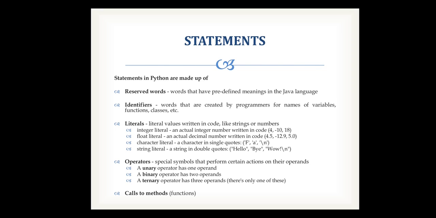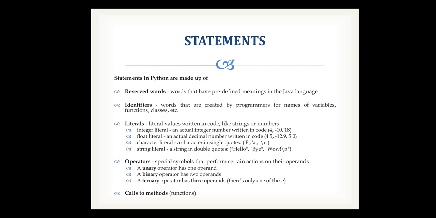These are the float literals. Next one is character literals, a character in single quotes, for example F and A are character literals. And the last one is string literals, a string in double quotes. Here is the example: hello, bye and wow are string literals.